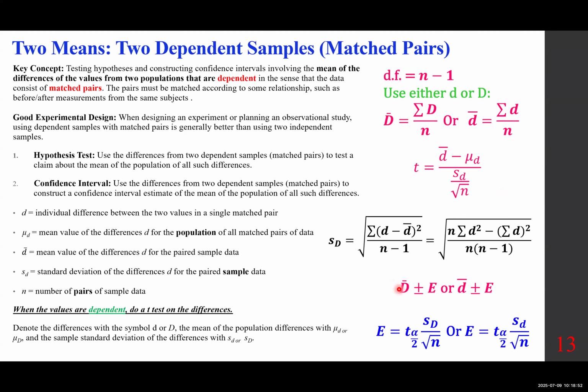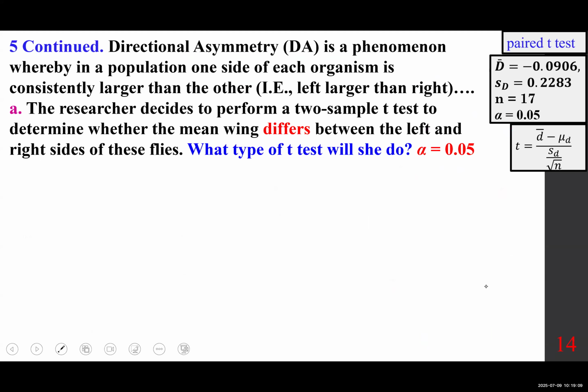And E was t times S over square root of n, which is the same thing here. Of course, in this case, S sub d. So that is, in essence, using the t-test on the last column, which was the difference. So we are going to continue and work on that. So this is the same question. We are going to do the test of hypothesis. That's the first part that is being done.